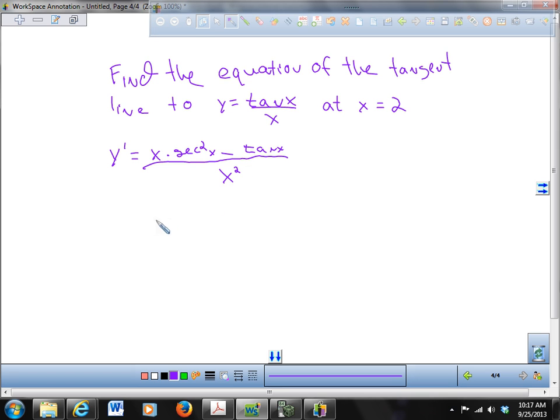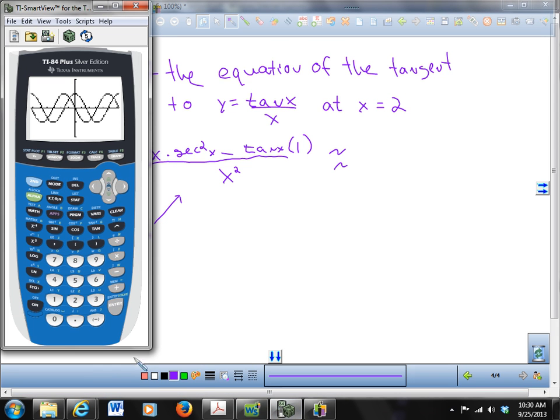The derivative of x is 1, right? So what you have to do is plug 2 in there, and when I plug 2 in there, I get out about something, okay?